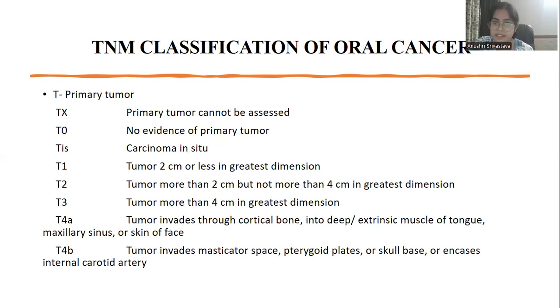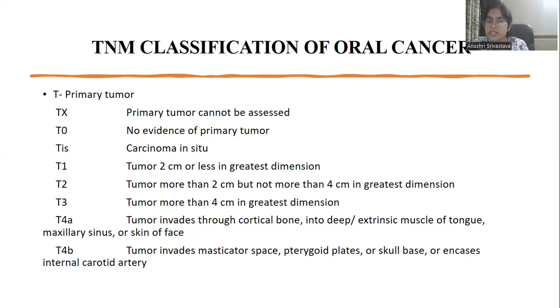If the primary tumor cannot be assessed, then we will give TX. If no evidence of primary tumor, then we will give T0. If there is carcinoma in situ, meaning the cancer has started in the oral cavity, whether it is in the lip, in the oral cavity, or in the back of the oral cavity, if it is becoming cancerous, then we will give Tis, in situ.